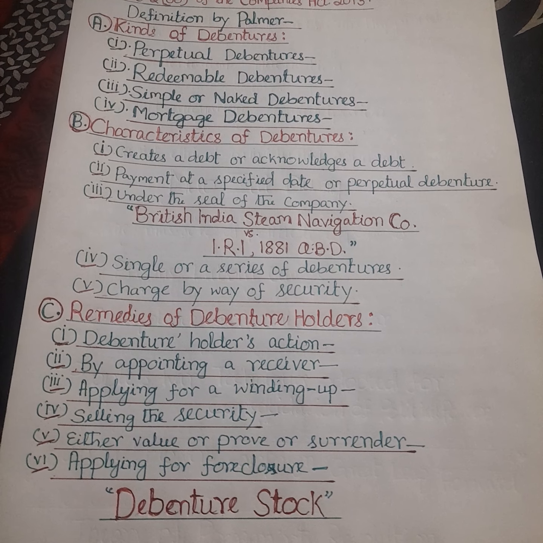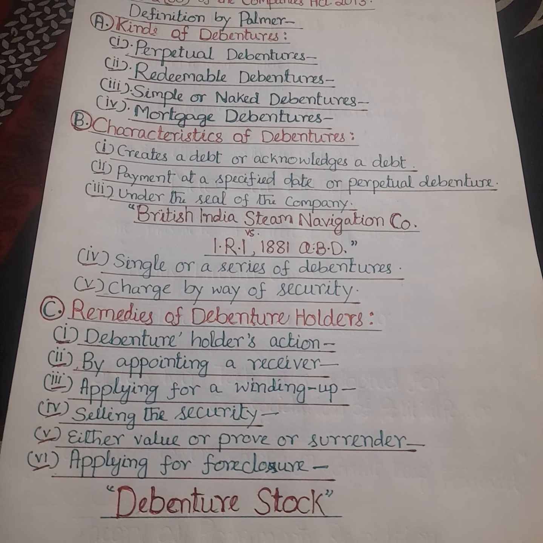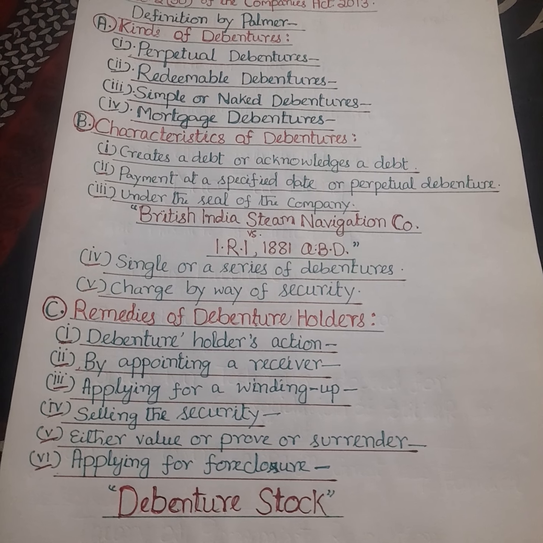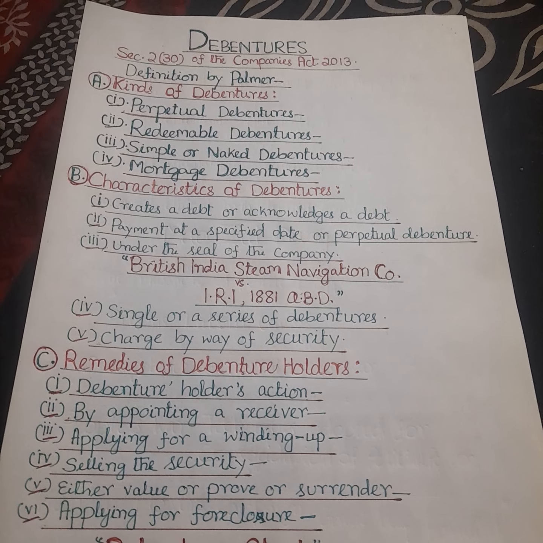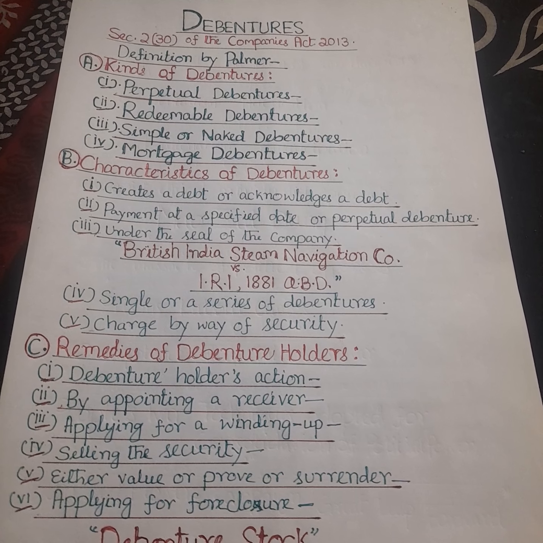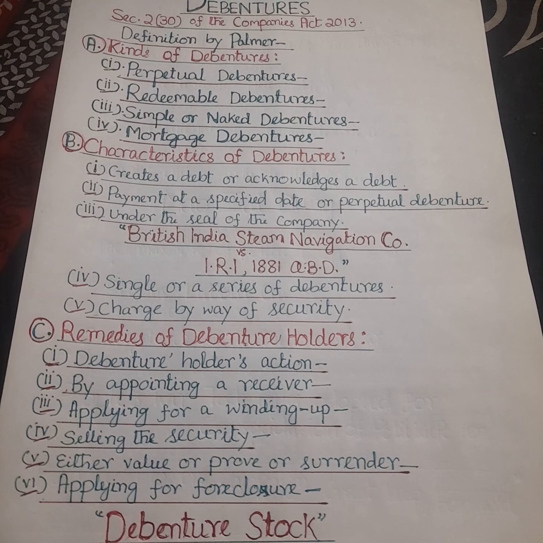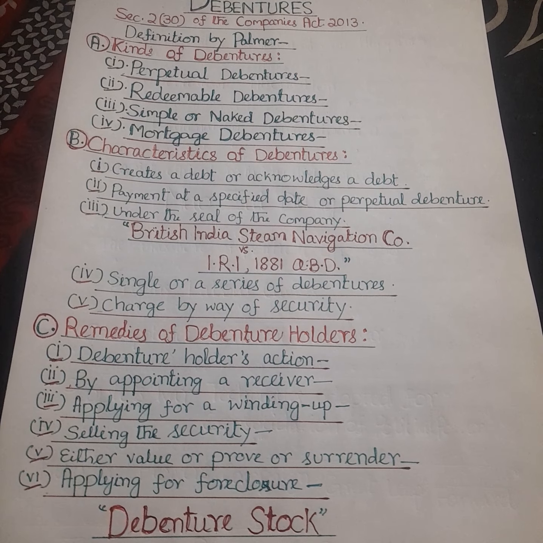and debentures can be issued at a discount, for they do not form part of the capital of a company. As they are borrowed as a kind of debt or loan, they are not part of the capital of the company.